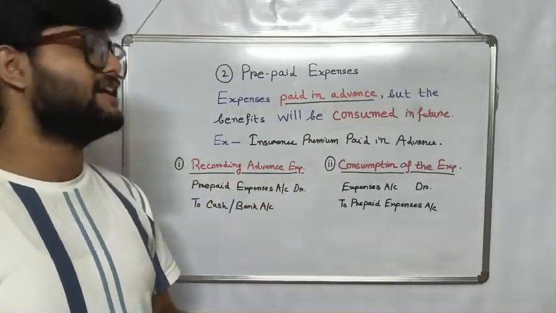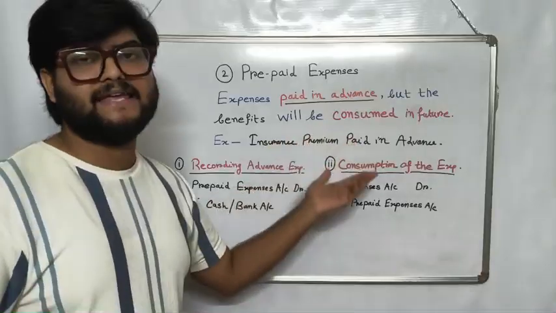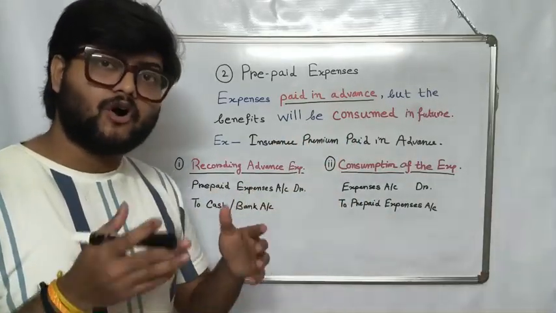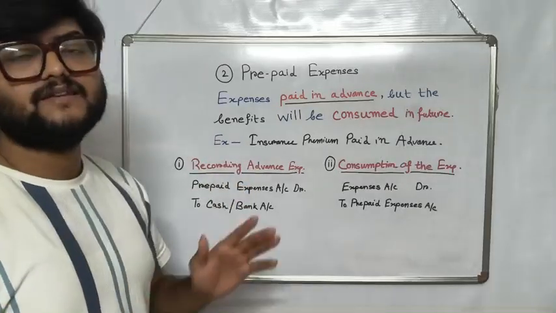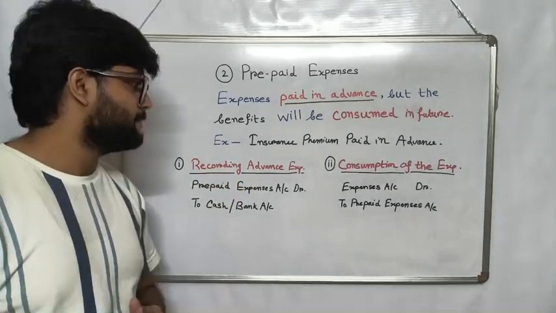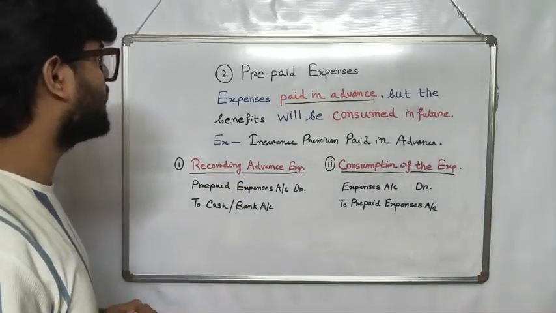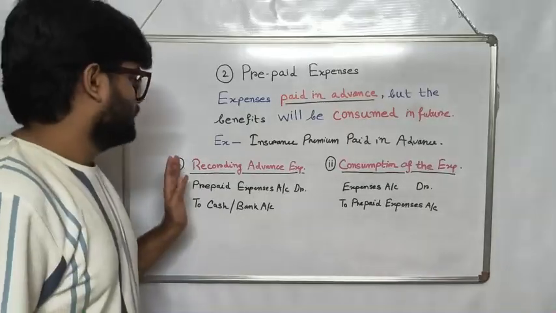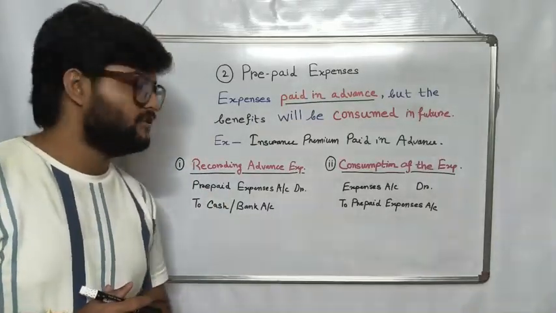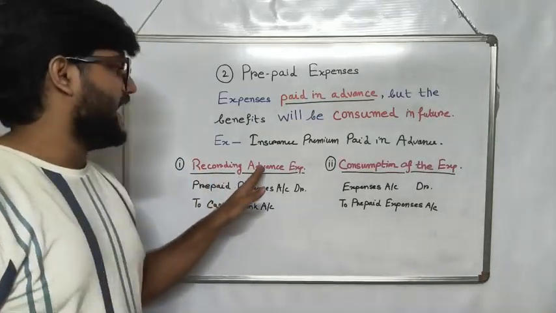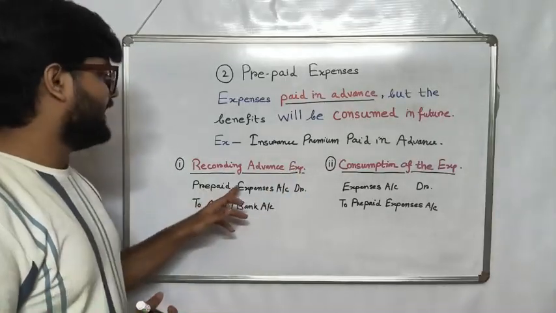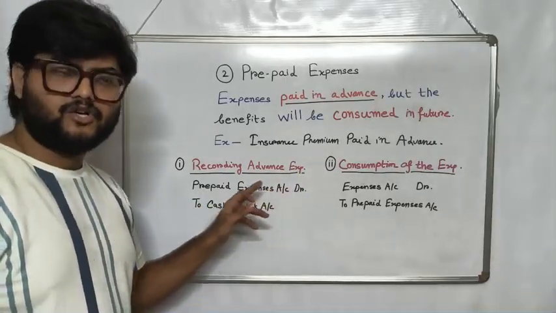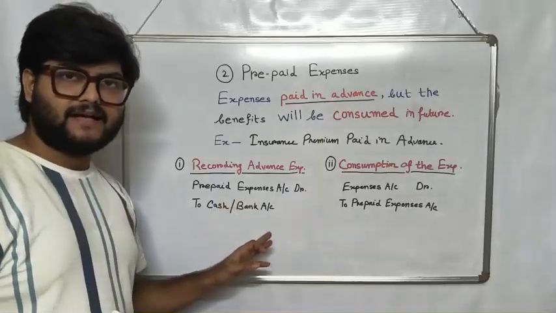Now in that scenario, we are already paying the insurance premium of the year as well as the next year. So that will be a situation of prepaid expenses. Now if we see the journals, the first journal entry will be the recording of advance expenditure. That would be prepaid expenses account debtor to cash or bank account.